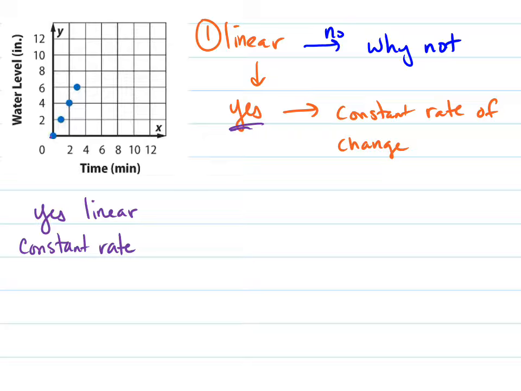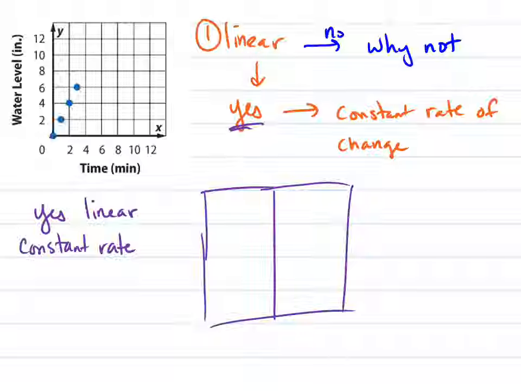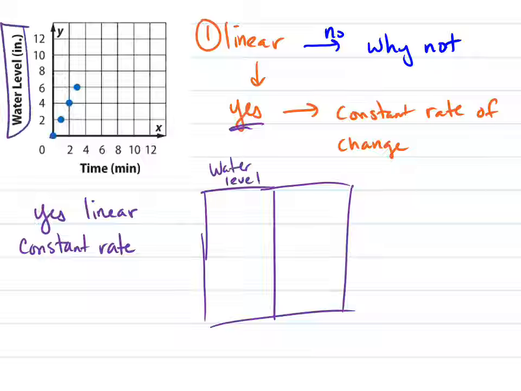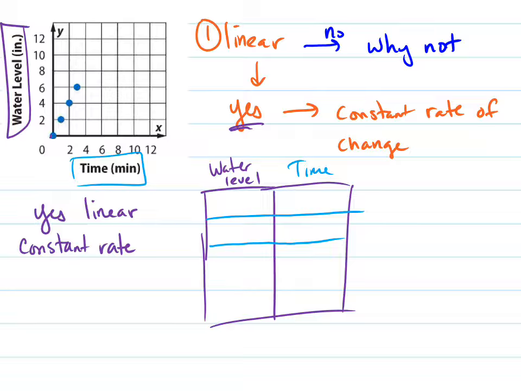And to find the constant rate, we're going to have to look at the points. So I see that it starts at 0, 0, so I can make myself a table if I want to. We'll say this is the water level, and then we'll say time. And there's 4 different points. So for the time of 0, the water level is 0.